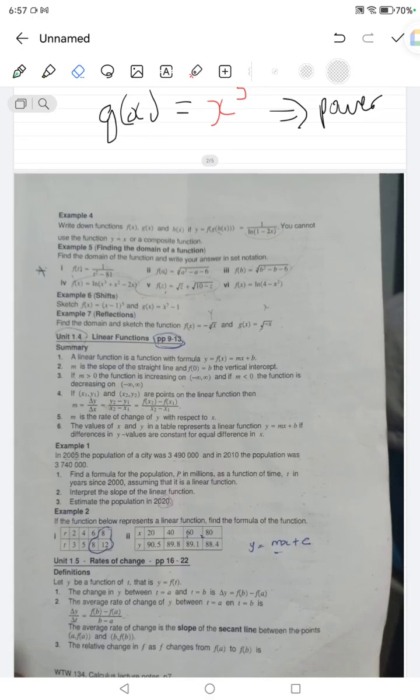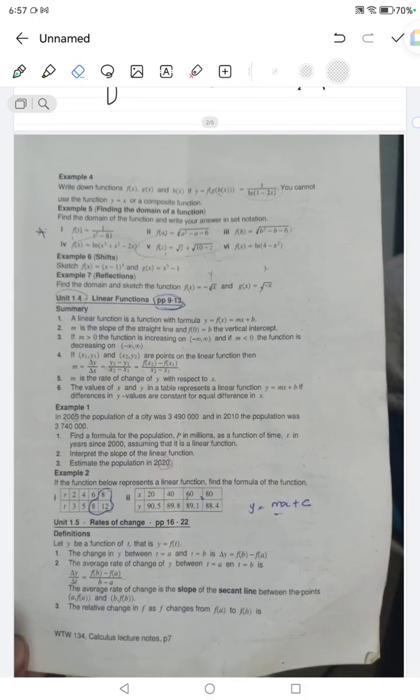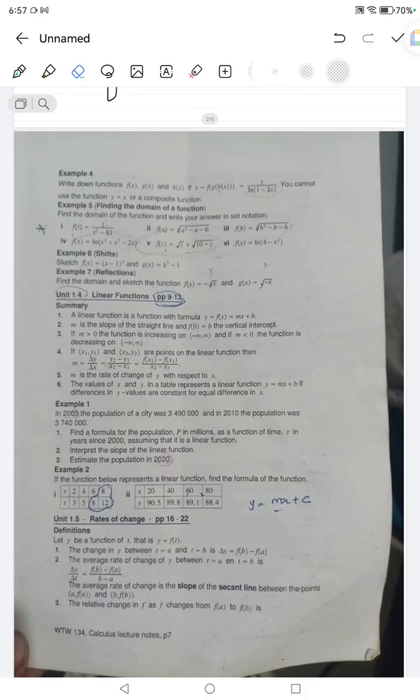So now we're going to be going to example 5. So example 5, they're saying something like, okay, this one is about finding the domain of a function. They say find the domain of the function and write your answer in set notation. Remember, your set notation is the one where you have your curly brackets, then your intervals is the one where you can have your bracket or your closed ones, and so on and so on.